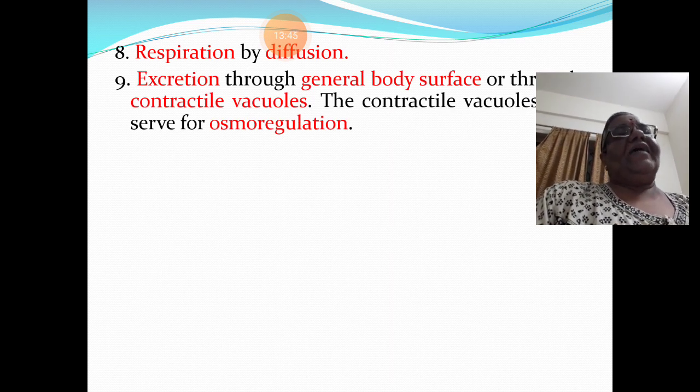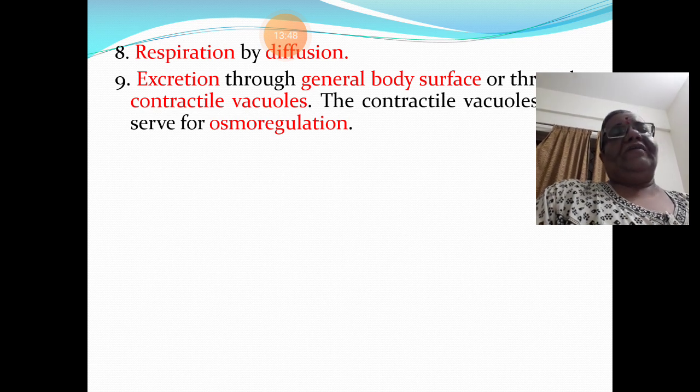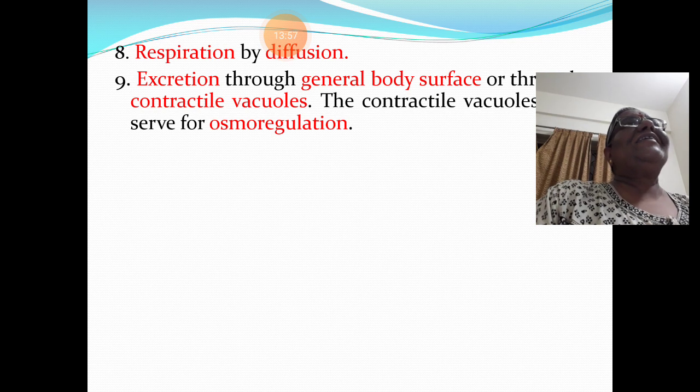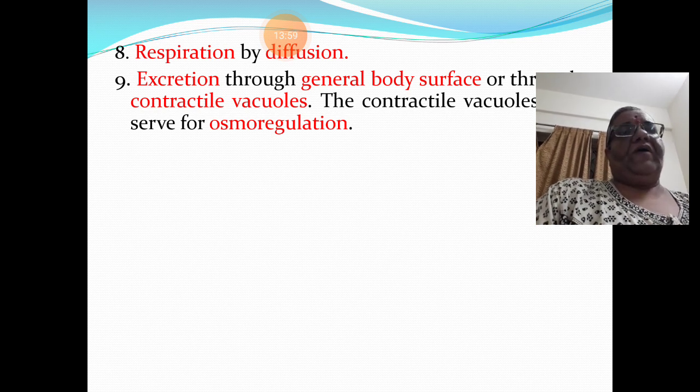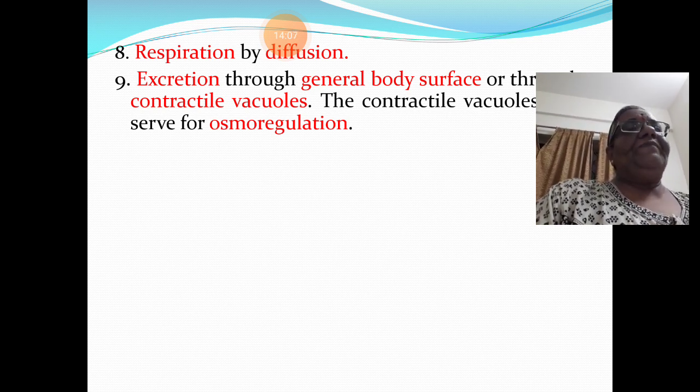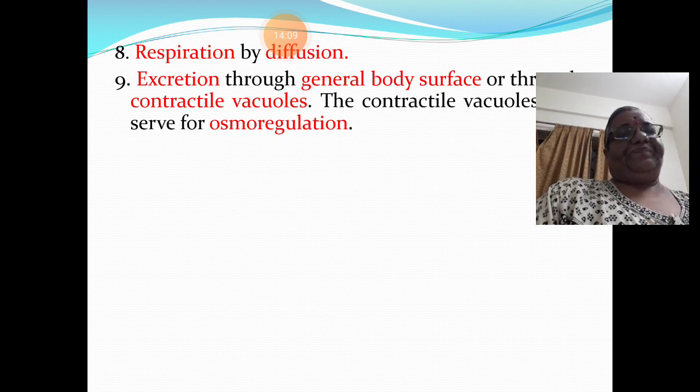Then, ninth character, the excretion takes place either through general body surface or through special structures called contractile vacuoles, right? Now, here you should know the difference between the term excretion and the term egestion. Throwing out of metabolic wastes like ammonia, urea, uric acid, etc. is known as excretion.